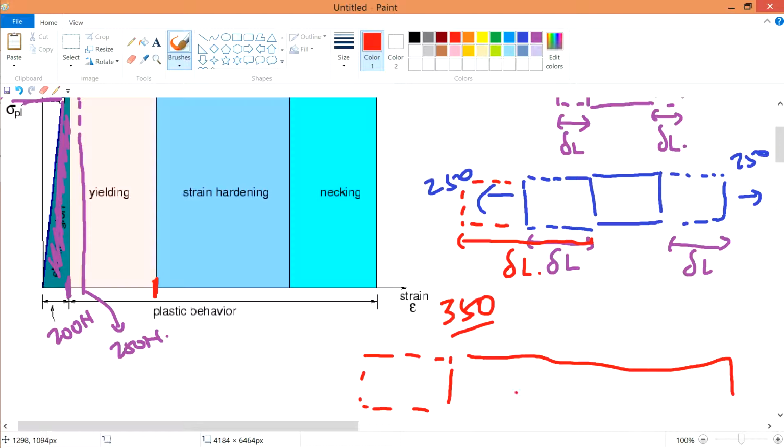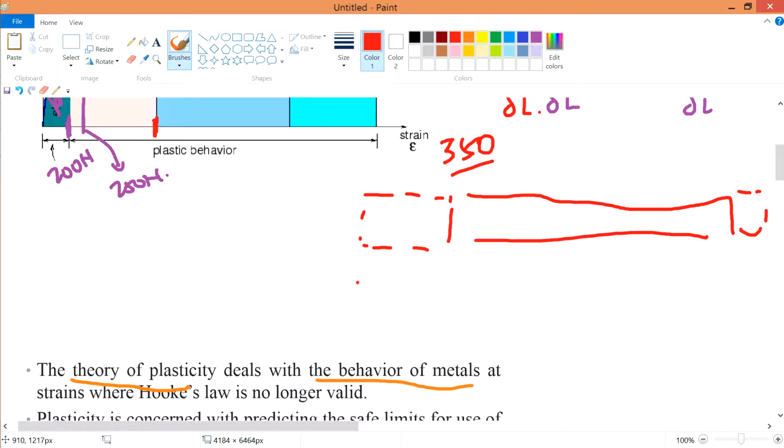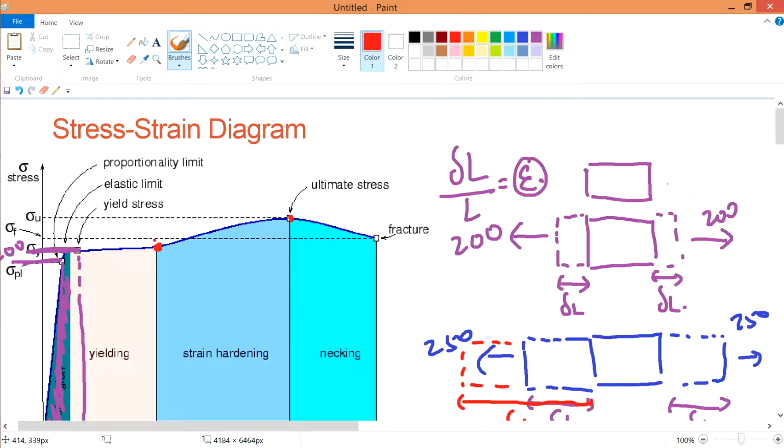I mean its changes of length. You require more stress, and the more you go, the more stress you require, and up to a certain point, you collapse, become softer and fracture.